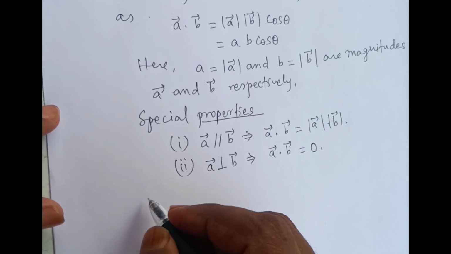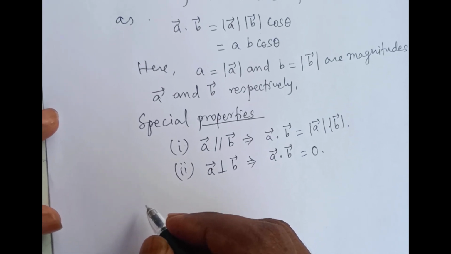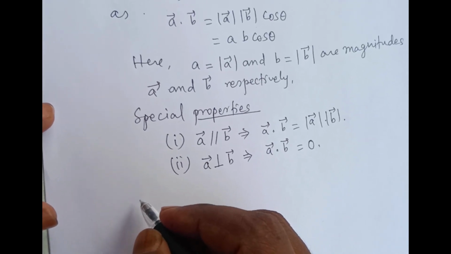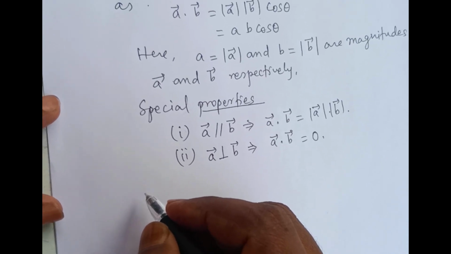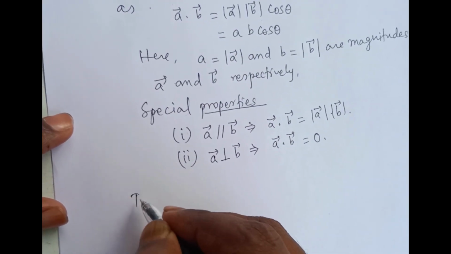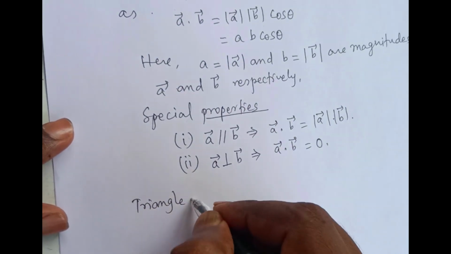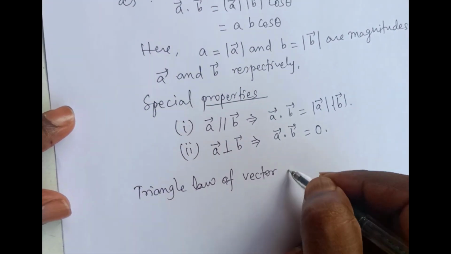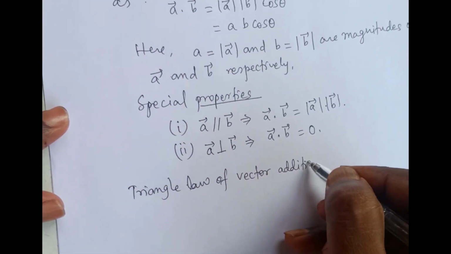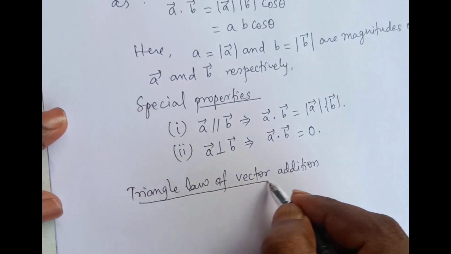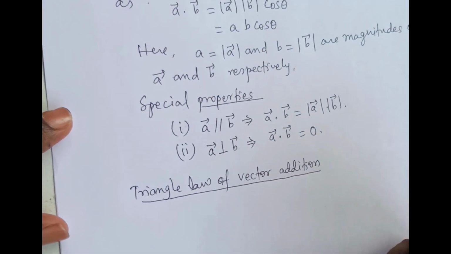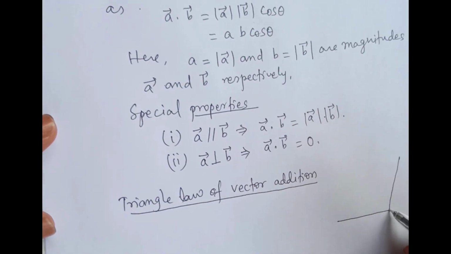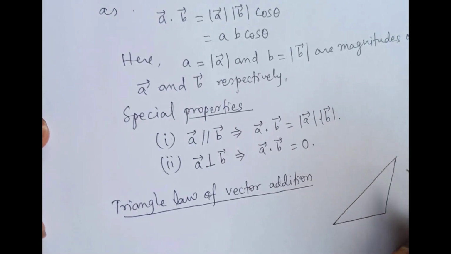Before going to the alternative method, we have to know certain terms such as the triangle law of vector addition. Let us draw a figure. Let us draw a triangle first of all.